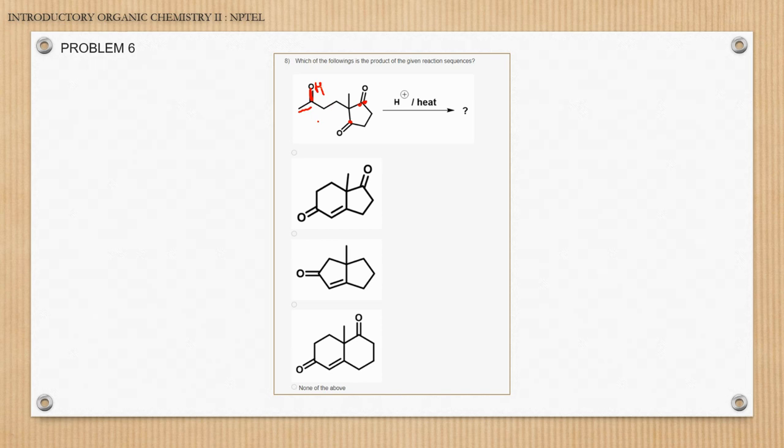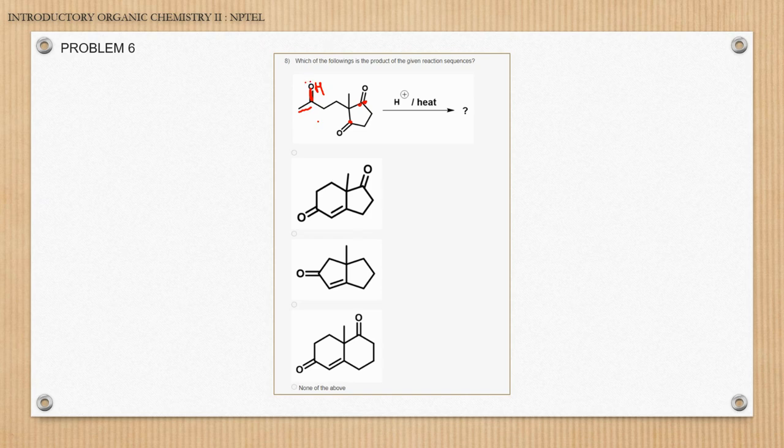So this enol is getting generated at this position. Now next what will happen? Can anyone tell me what will happen next? Nucleophilic attack. Yeah, nucleophilic attack.